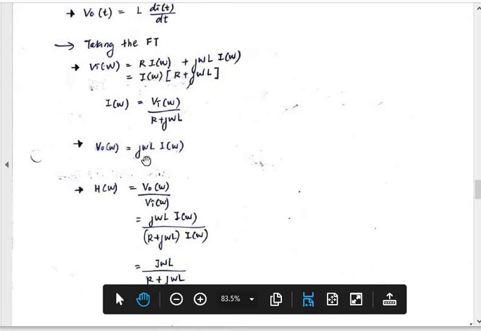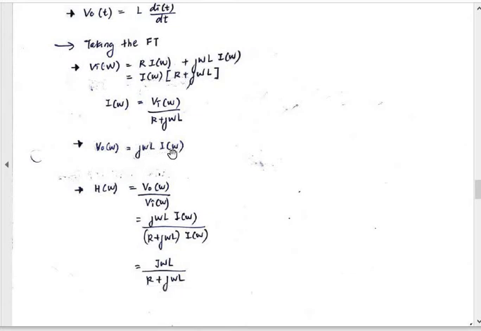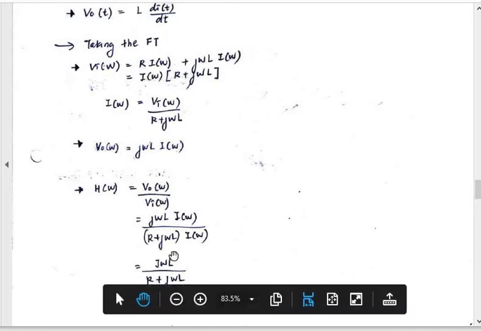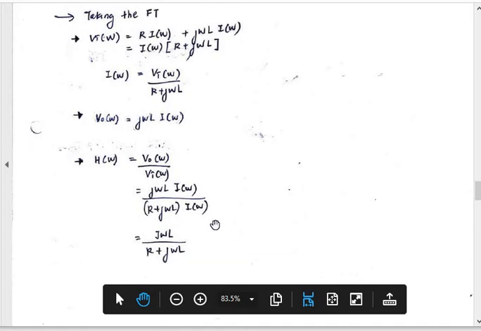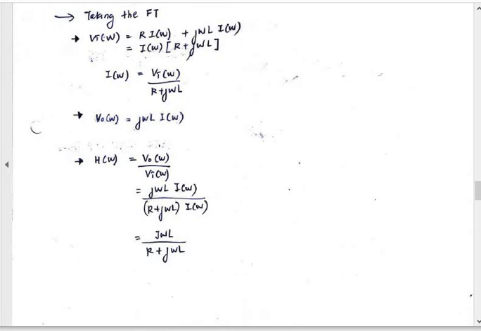V out is j omega L I(omega), and V in is I(omega) times R plus j omega L. So you cancel out I(omega), and you get j omega L over R plus j omega L.